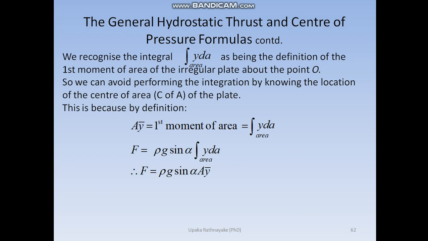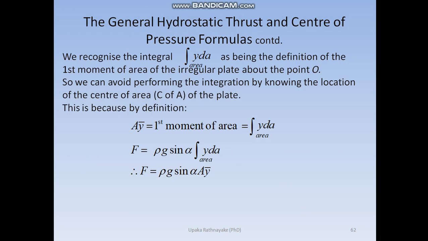However, in fluid mechanics, we would like to work with the heights, not the inclined lengths. So let us transfer this to the height. See, we have y sin alpha here. What is y sin alpha? It is h.